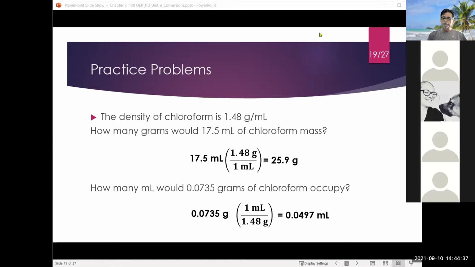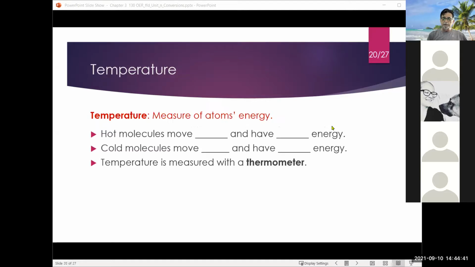Okay, let's move on. Which brings us to a little bit about temperature and energy, which, I think it's pretty self-explanatory. I'm not telling you anything here, no rocket science. I think you already know what's going on here. Hot molecules, they move fast. I mean, they move very fast because they have high energy.